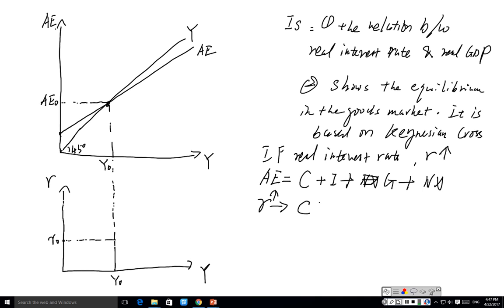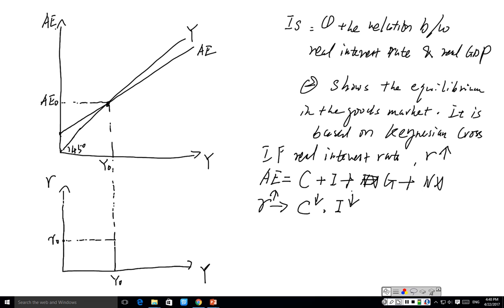With a higher level of the interest rate, the household will borrow fewer loans. So households will buy fewer houses and autos that depend on loans. This means a high level of the real interest rate will lead to a lower level of consumption. Not only that, a higher interest rate will also lead to a lower level of investment, because firms will borrow less to buy machines and equipment.